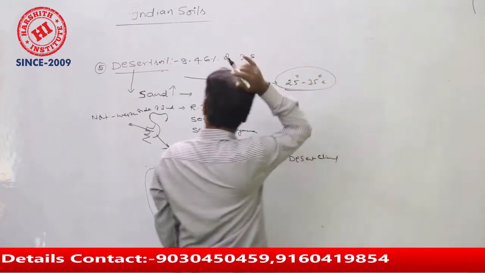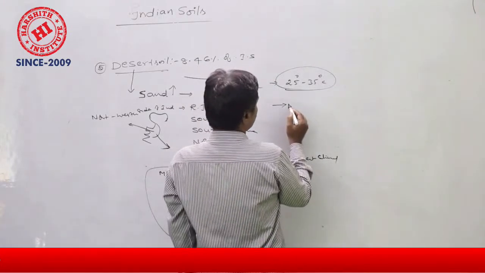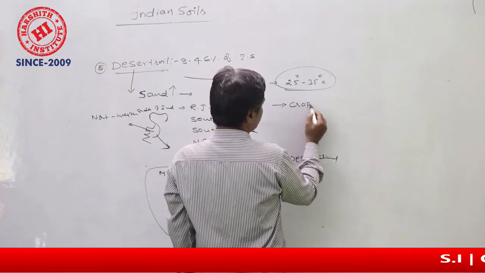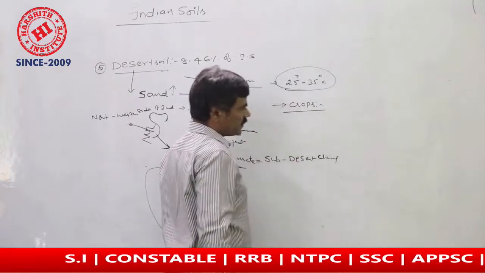See, this type of soil is mostly in the northwestern side. Which types of crops are cultivated here? Here the sand percentage is maximum, it will be more.